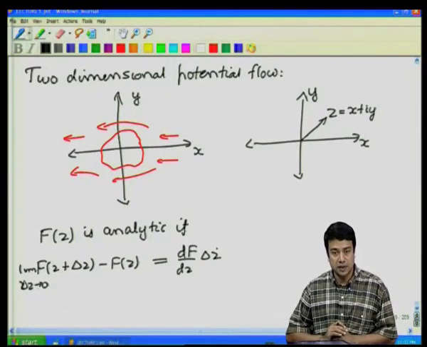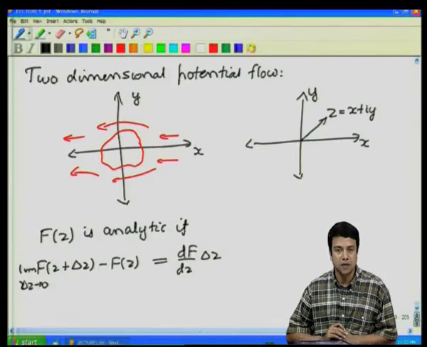In other words, I can define a derivative of this function in the complex plane, a complete derivative or a total derivative with respect to the complex variable z rather than partial derivatives with respect to x and y.